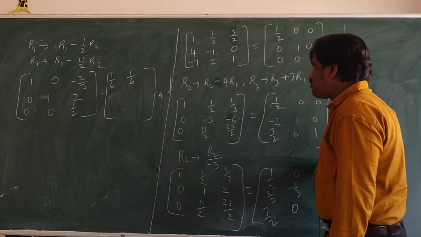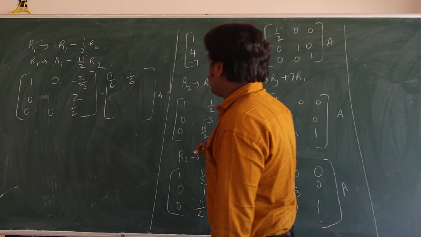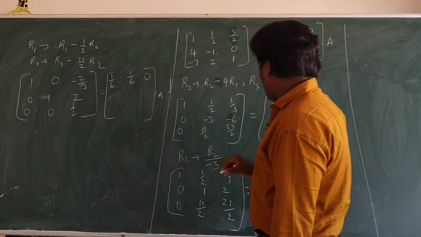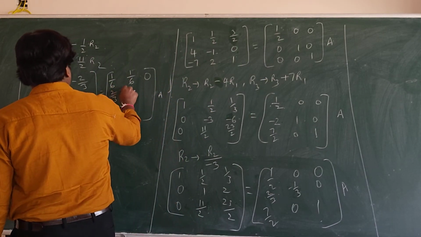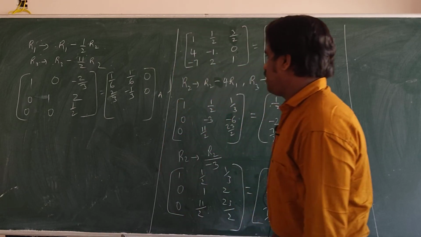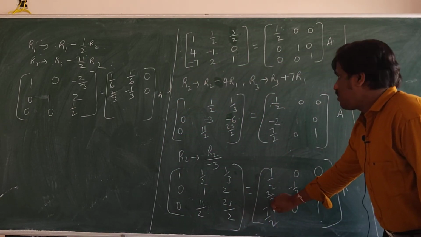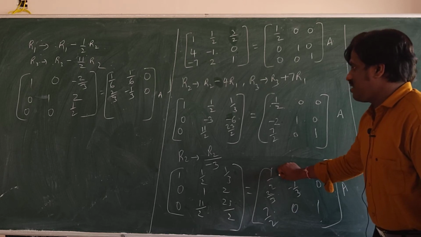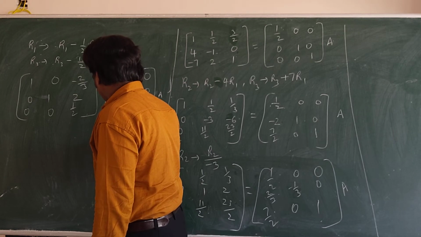Next here 0 0 0. R2 no change, right? 2 by 3 minus 1 by 3 0. R3 will be changed. R3 is 7 by 2 minus 11 by 4, correct?